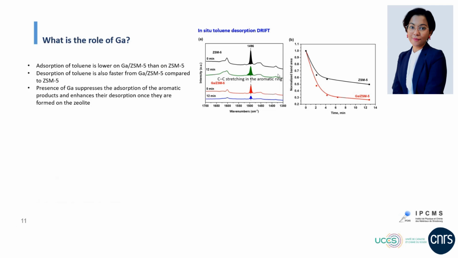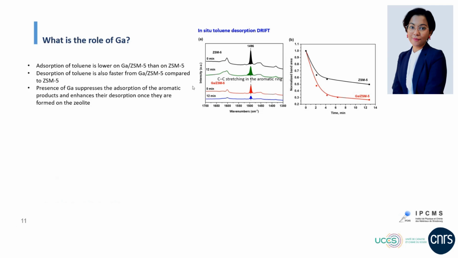So here I have in situ toluene desorption in DRIFT, and this contribution is related to carbon-carbon stretching in the aromatic ring, which can tell us about the absorption of toluene over time. And if we look at the absorption of toluene, we see that it's lower in the gallium incorporated sample compared to that of ZSM5.